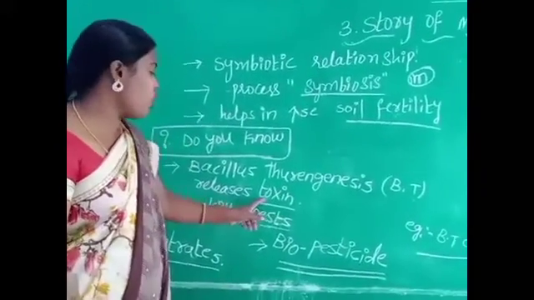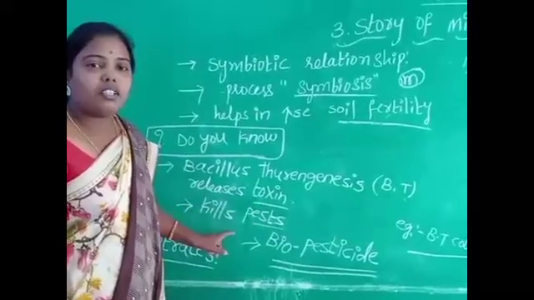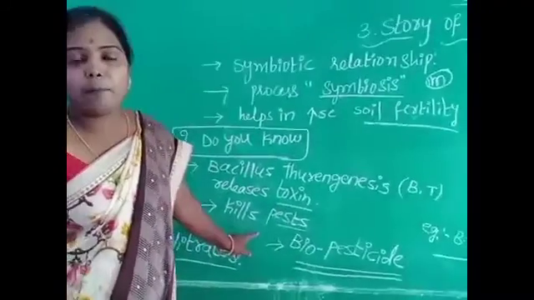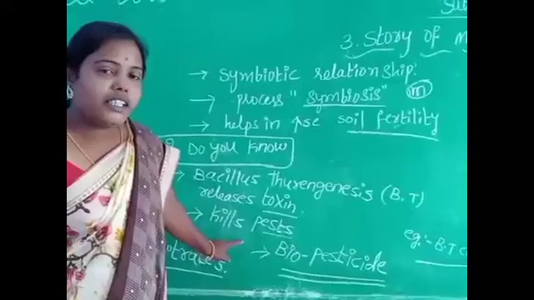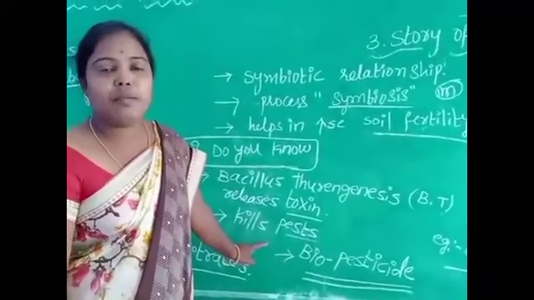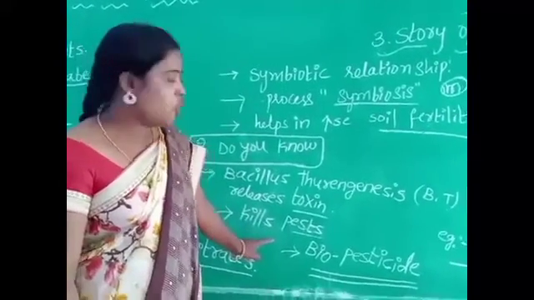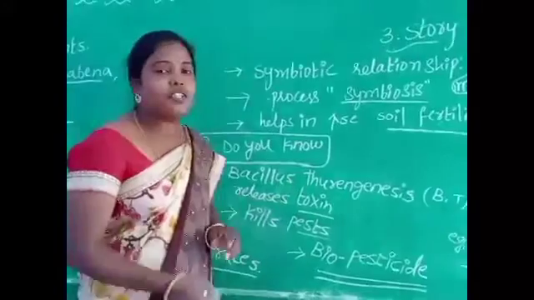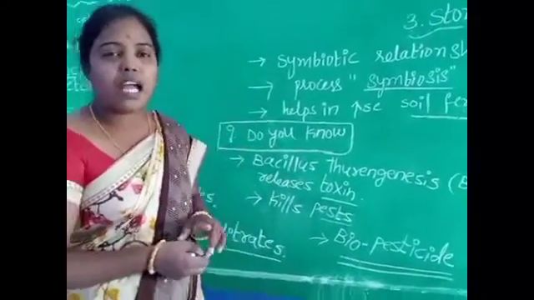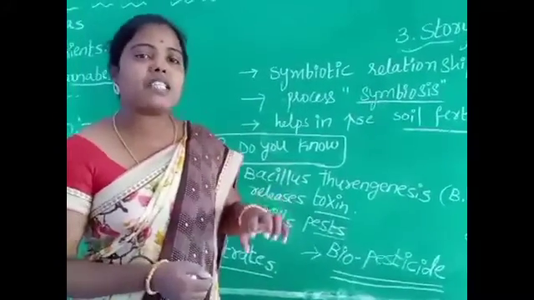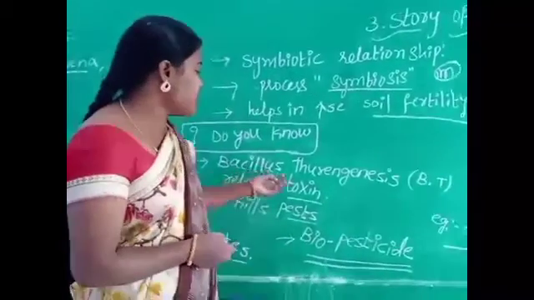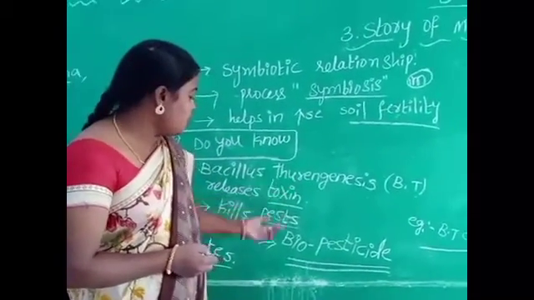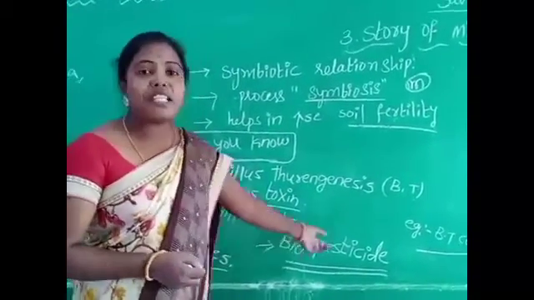Due to this toxic chemical, whatever pests are present on the plant body are killed and eliminated from the plant body. That's why Bacillus thuringiensis is helpful to the plant to kill various pests, and it is also called a biopesticide.